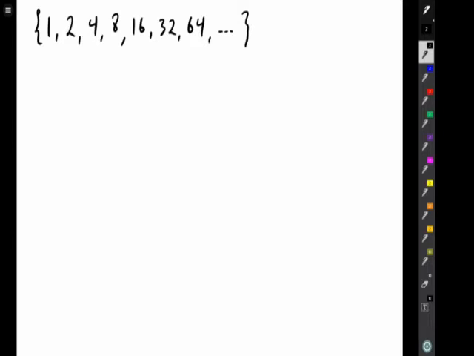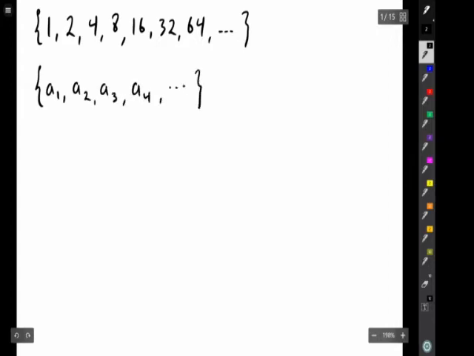So, in order to work with this mathematically, we need to have some kind of notation for sequences. Often in a sequence, we'll list out terms like this: a1, a2, a3, a4, and so on. This is one way we can write down an arbitrary sequence.